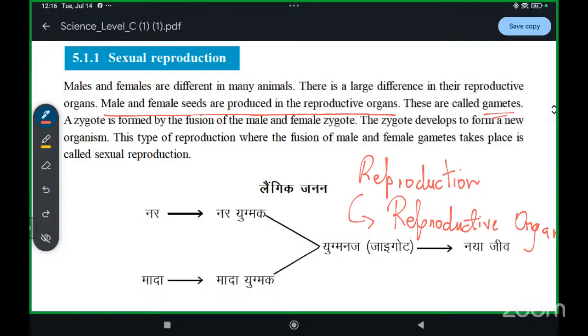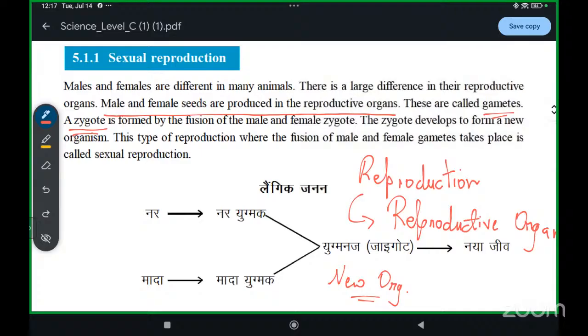When these male seeds or gametes merge with the female eggs, reproduction takes place and a new organism or newborn is formed. When the fusion between the male and female gametes takes place, the thing that is formed is known as a zygote.